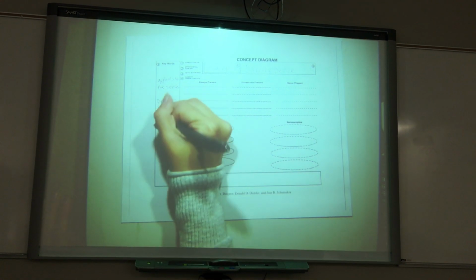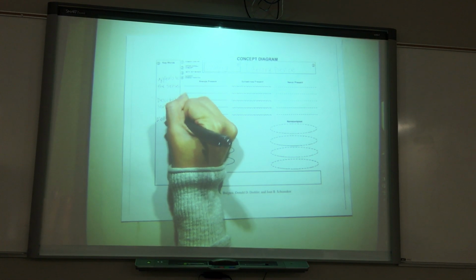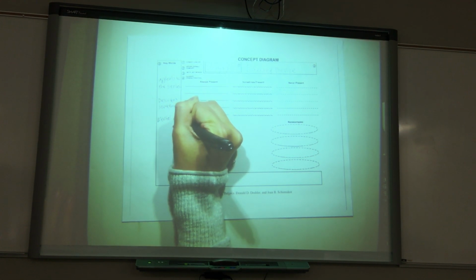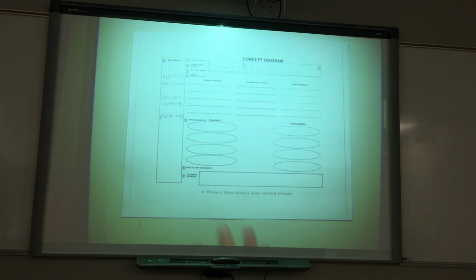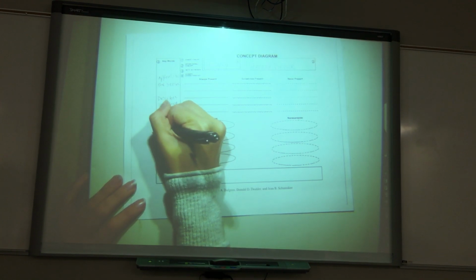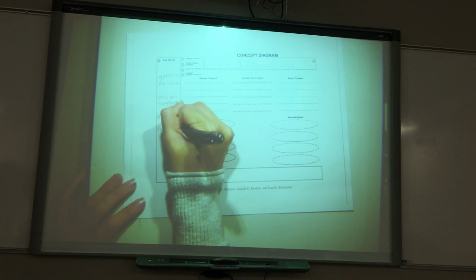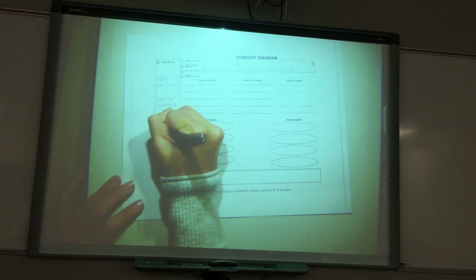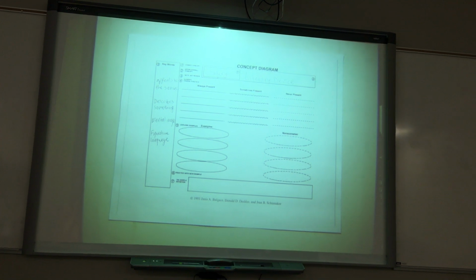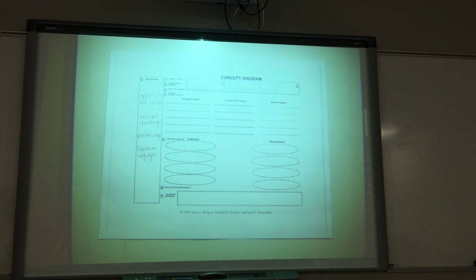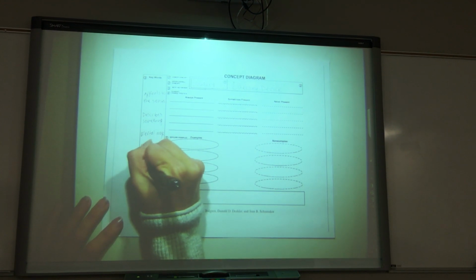Another keyword is mental image. Another one is figurative language, which we reviewed earlier that we should already know. And our last one is comparisons.